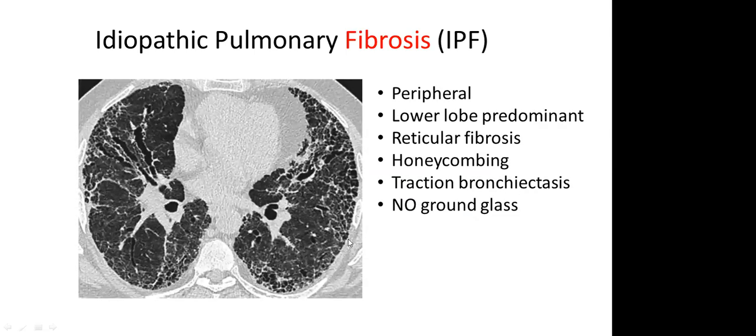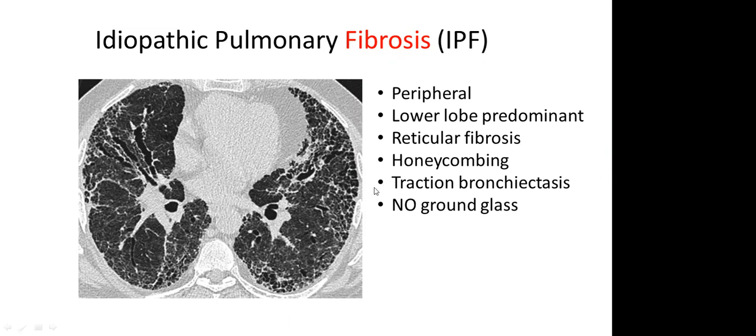So we talked about how IPF is fibrosis. So now we know what fibrosis looks like on the CT scan. It's usually peripheral honeycombing. So here's the honeycombing, here's the traction bronchiectasis, and there may be reticular fibrosis. So here are areas where there's not exact honeycombing, but there are these sort of lacy white markings, and that's reticular fibrosis there.